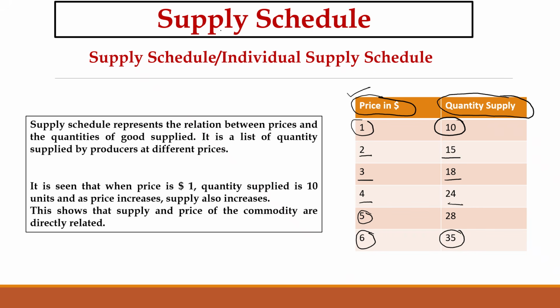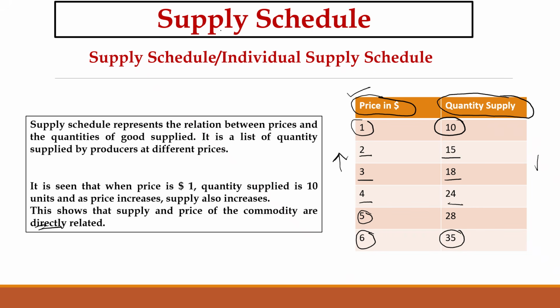So here you can see there is a direct relationship between price and quantity supplied. When the price increases, the quantity supplied also increases. This shows that supply and the price of a commodity are directly related. Always remember there is a direct relationship between price and quantity supplied.